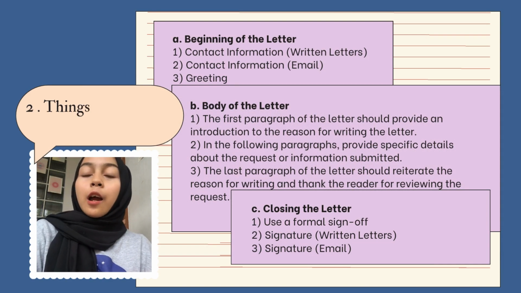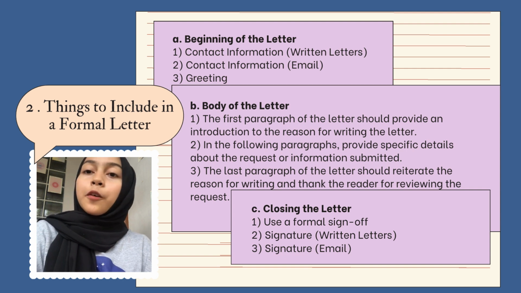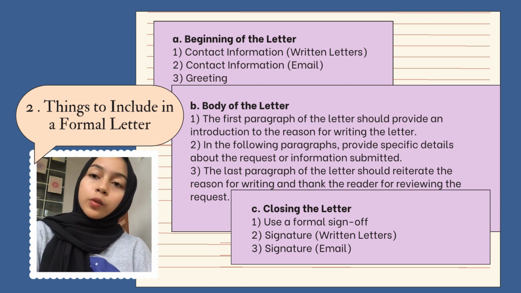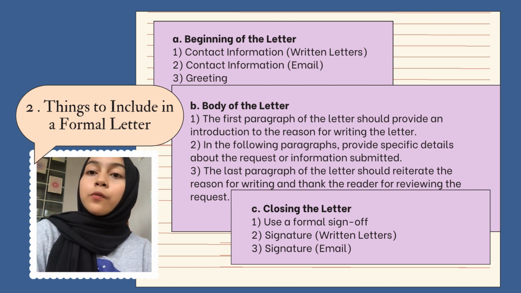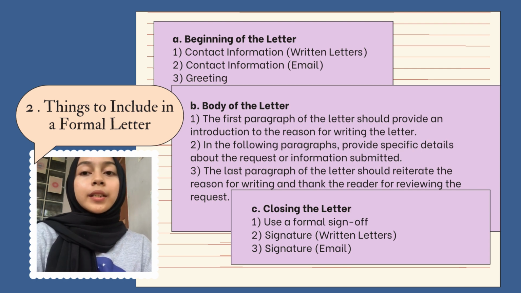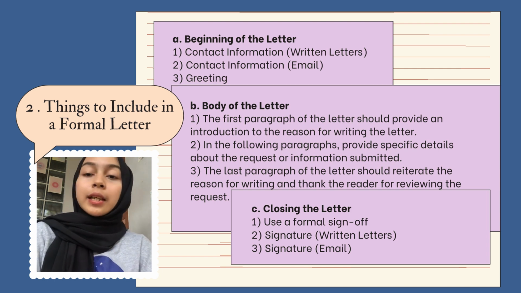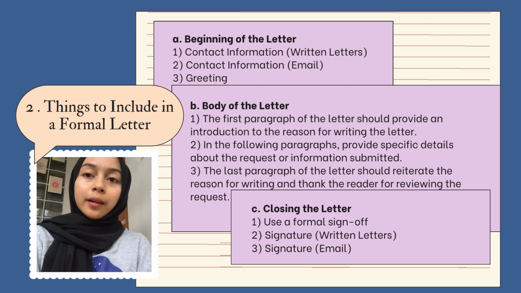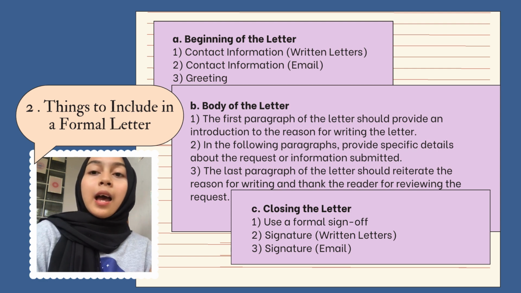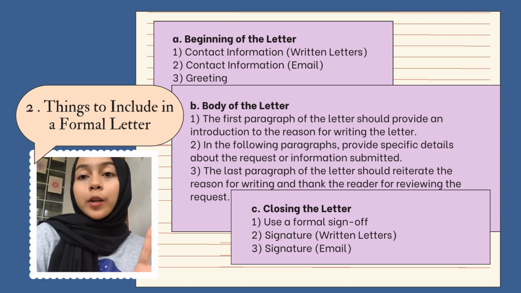Next, here I will also explain about things to include in a formal letter. Formal correspondence should include detail about the reason for writing, contact information, greeting and closing, and the sender signature. The first is the beginning of the letter. This first part has 3 important points.